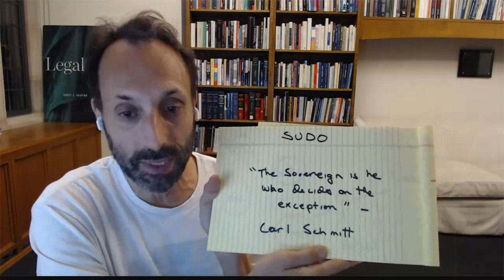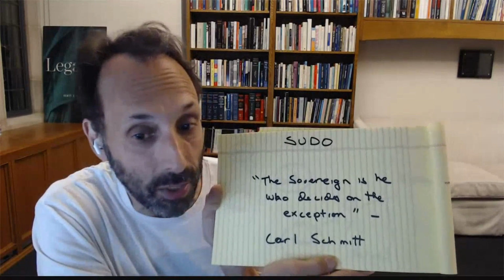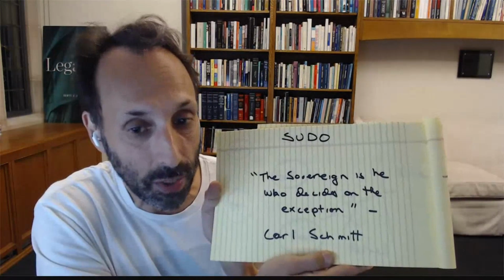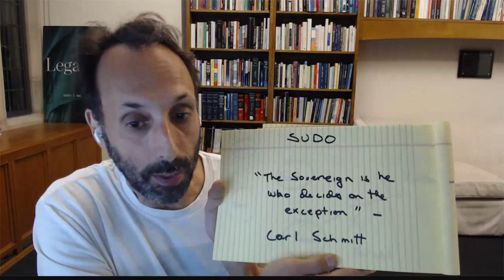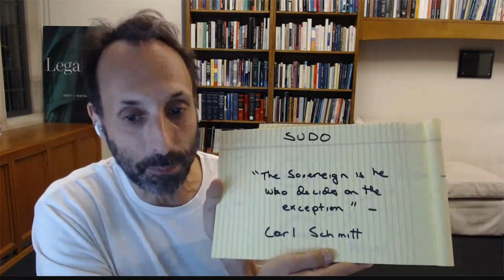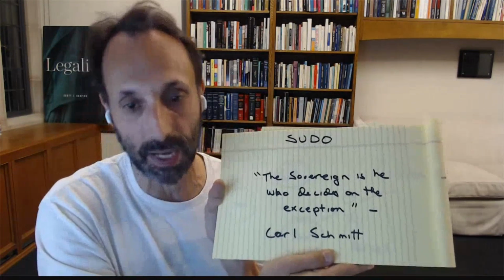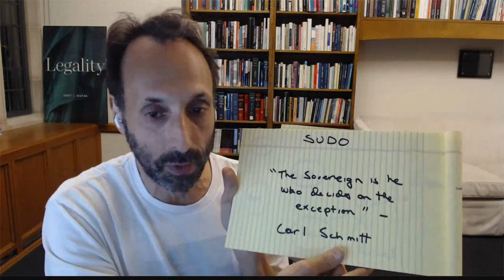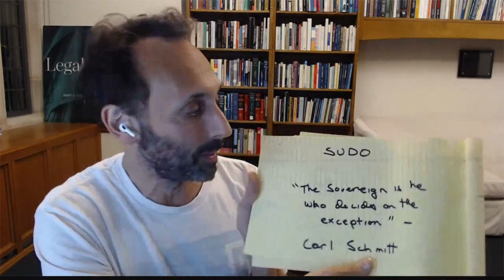So what Schmitt was trying to say is you may not be running sudo, but you can run sudo. And since you can run sudo, you are always in the position of really being the sovereign. Not everyone has the right to run as sudo, and we'll talk about that probably next class.